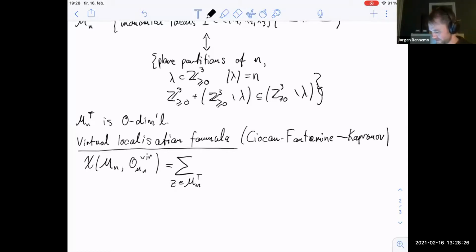So we have a virtual localization formula, which I was about to write down. We want to compute this virtual structure sheaf. And what is the computation? The computation is going to be a sum over fixed points inside this Mn, where again recall this is a closed subscheme of C3. What is the contribution of each fixed point? I'll just write it down and explain the notation after.